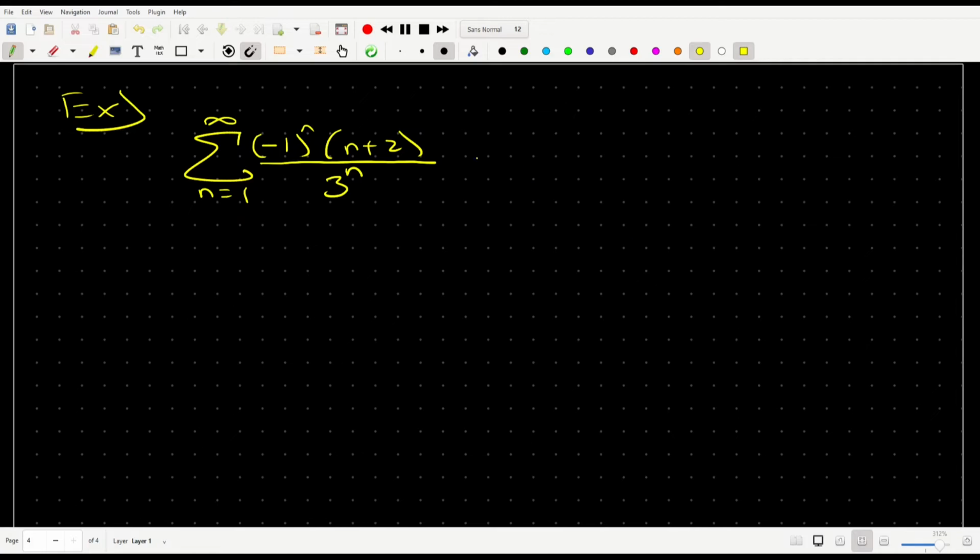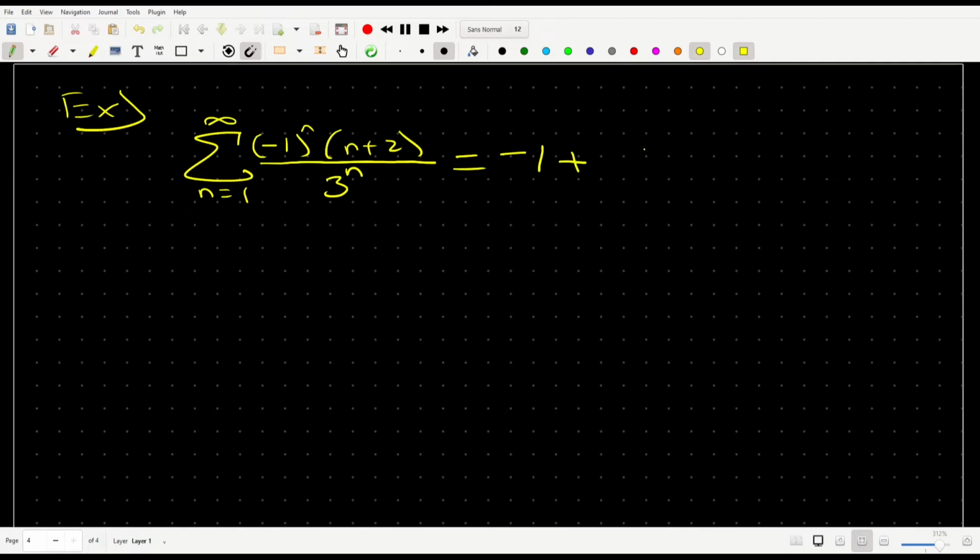n. And essentially, the first term of this sum is going to be negative 1, because it'll be negative 1 to the 1 times 1 plus 2 over 3 to the 1, which will be negative 1 times 3 over 3, or just negative 1. The next term will be 4/9.